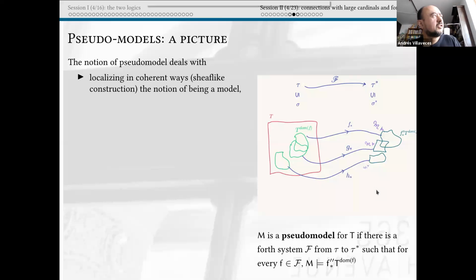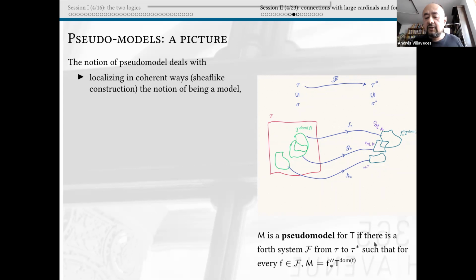You could say, well, you're not doing much because the whole point of compactness was you had models of small pieces. Yes, but the translation might actually give you a lot of power in blending all these pieces. Normally you won't get a model for the whole of T, but you will get something better than just having models of pieces of T.